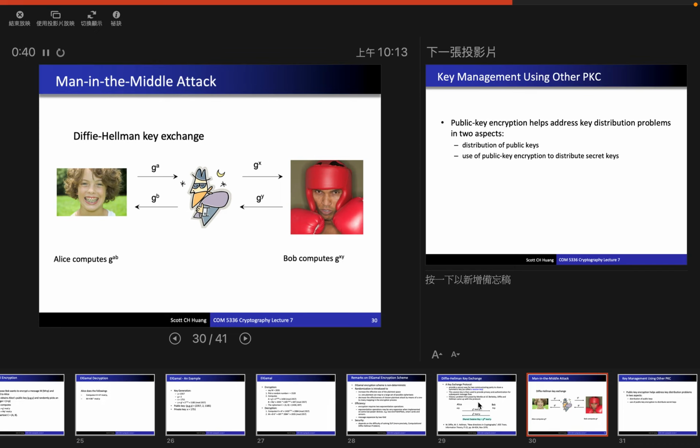Actually, all key exchange protocols are susceptible to this man in the middle attack.